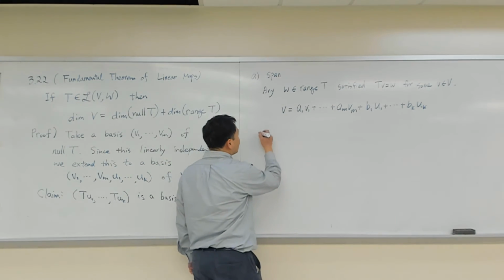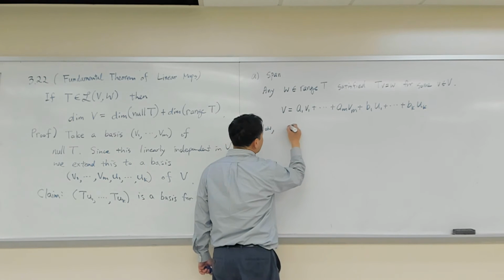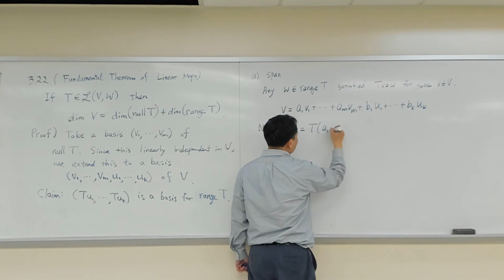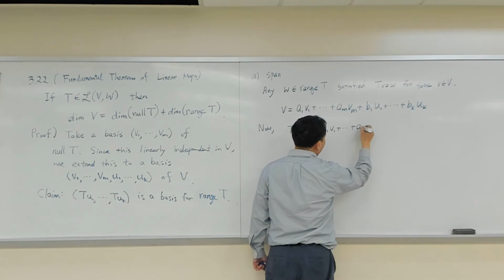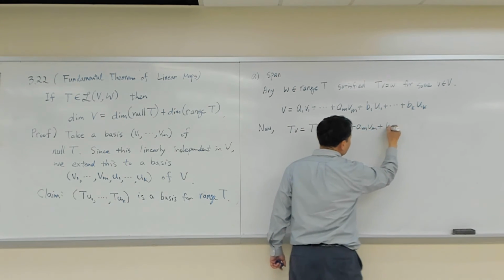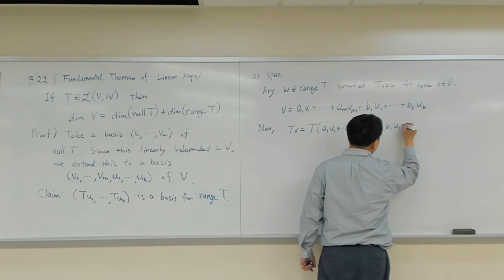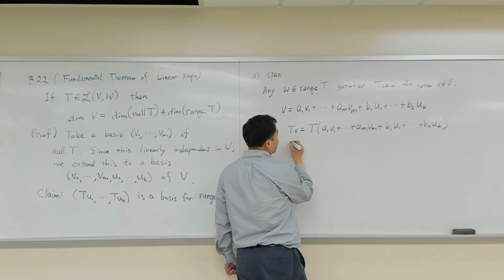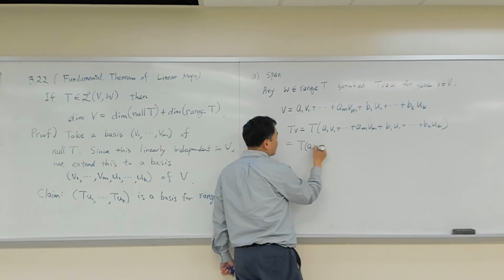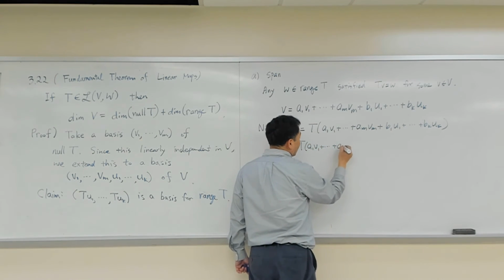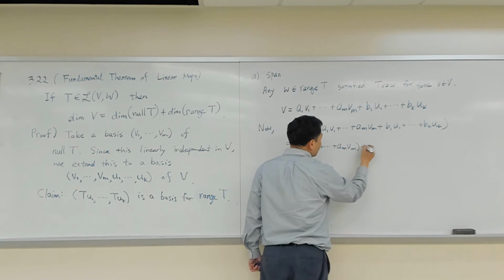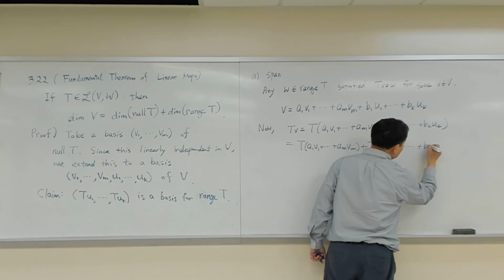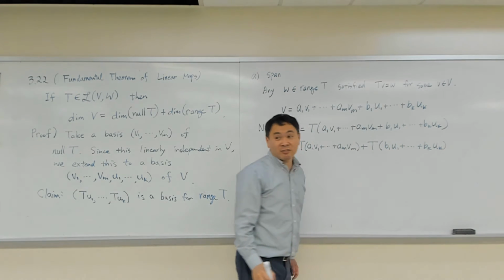Now, T of V is equal to T of A1 V1 through AM VM plus B1 U1 through BK UK, which is T of A1 V1 through AM VM plus T of B1 U1 through BK UK, by additivity.